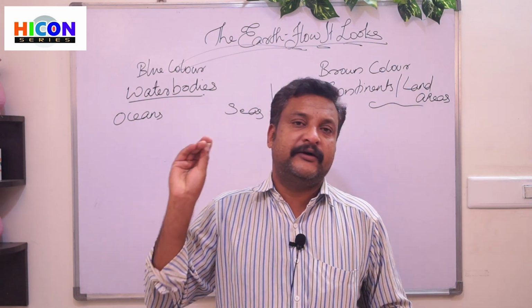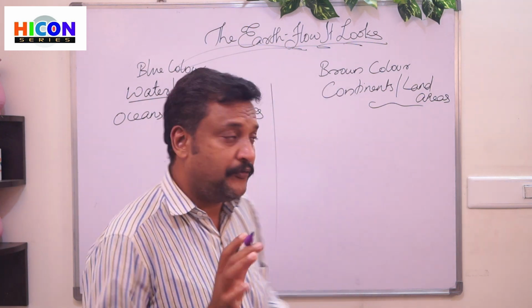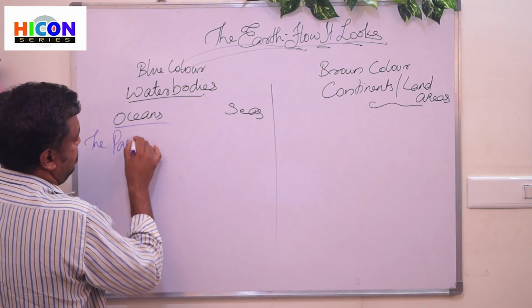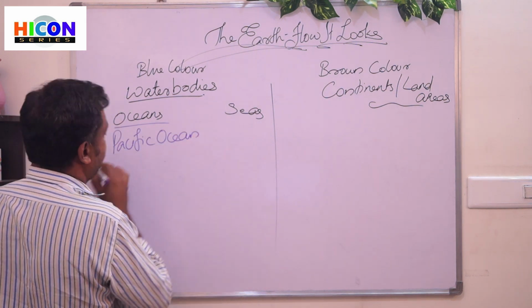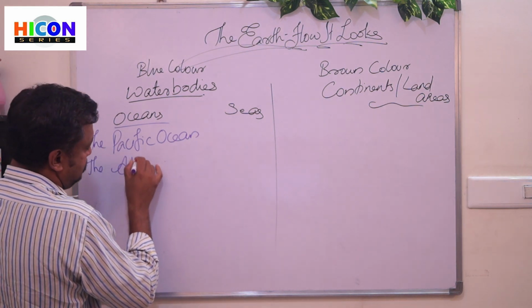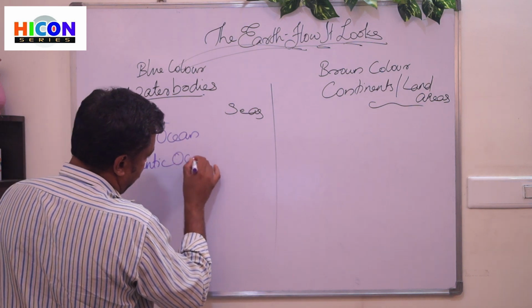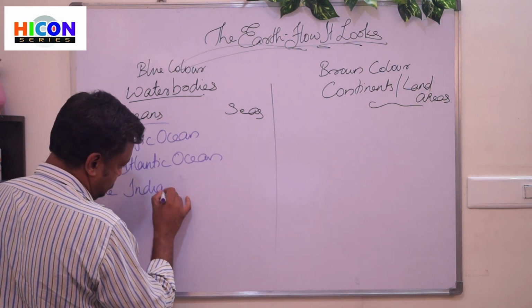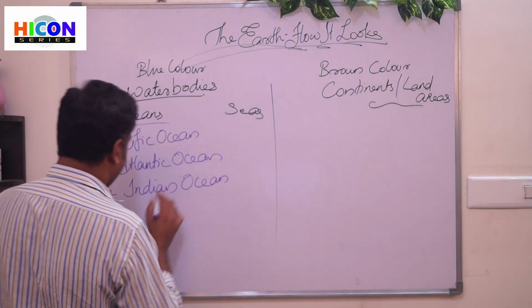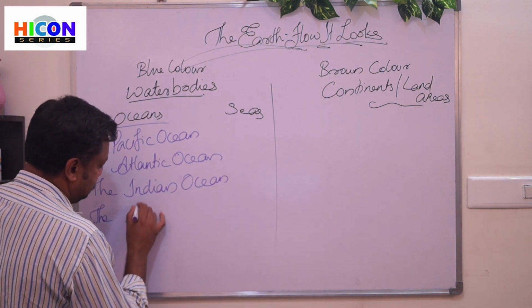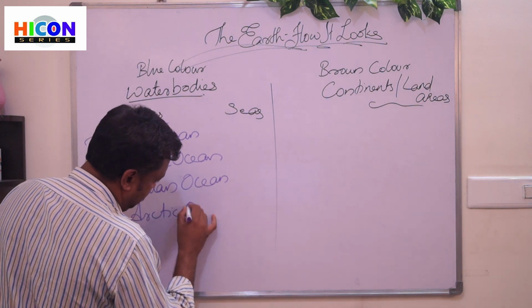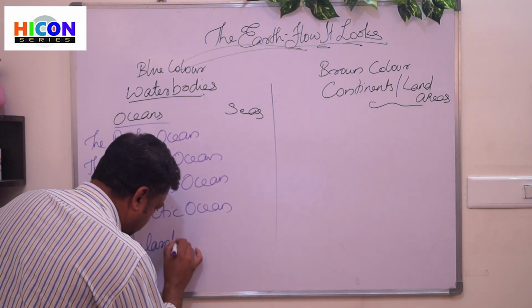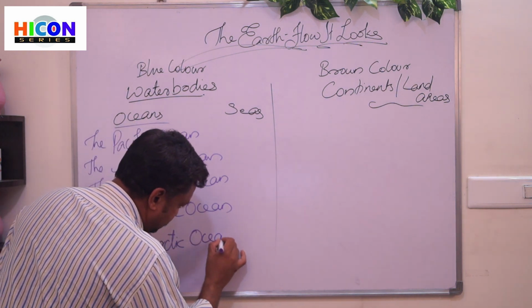Now we have 5 oceans. They are the Pacific Ocean, the Atlantic Ocean, the Indian Ocean, the Arctic Ocean, the Antarctic Ocean.